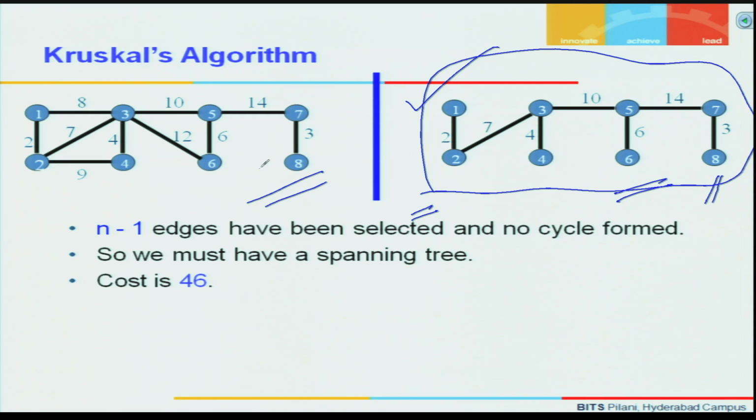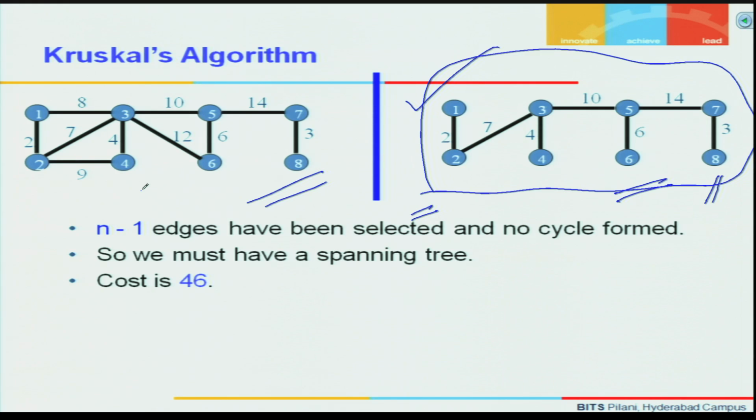If any two edges have the same weight, then the minimum spanning tree need not be unique, may not be unique. So when you know all the edges have got distinct weights, then for sure the spanning tree that you get will be the unique minimum spanning tree.